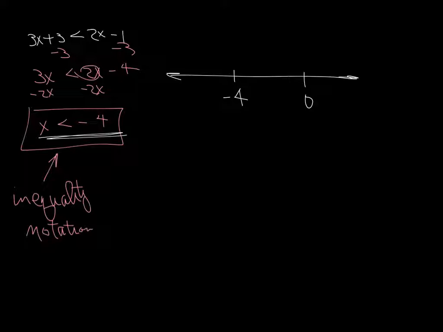So remember, you put an open circle when you're showing where it's starting but doesn't include, and then it says it's going more negative. It's going more in the left direction. So that's another way of writing it. That's a graph using open or closed circles. In this particular case, because it cannot be negative 4, it's an open circle.